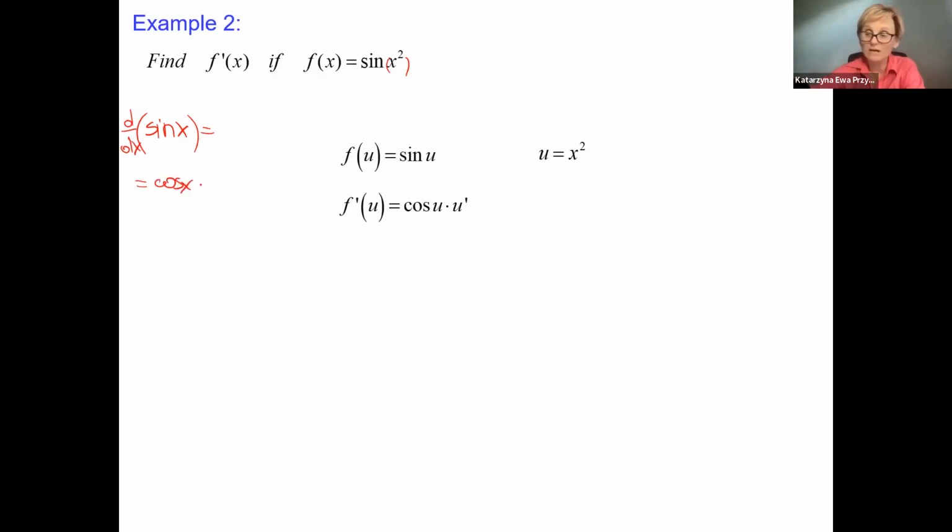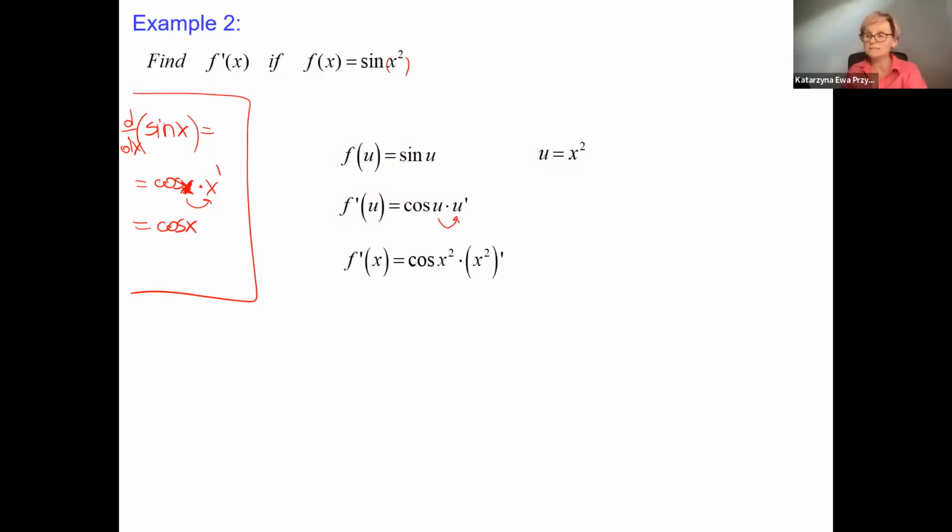But if I'm not sure, I can still think times the derivative of x, but the derivative of x is 1. That means I can even use the chain rule for a basic variable. It's times the derivative of the inner quantity. That means cosine of u times u prime. And u is x squared.